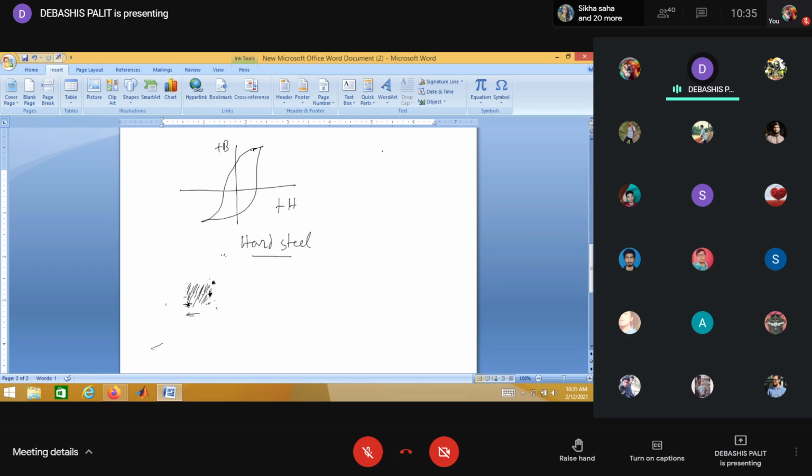And if you consider wrought iron, the residual flux density is comparatively more.